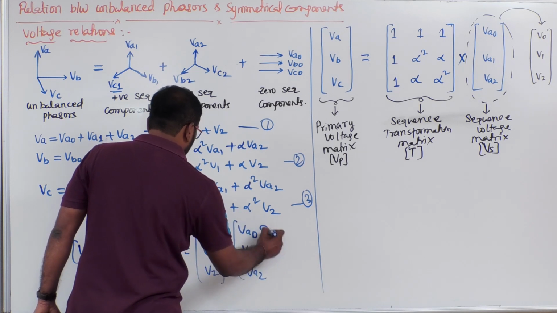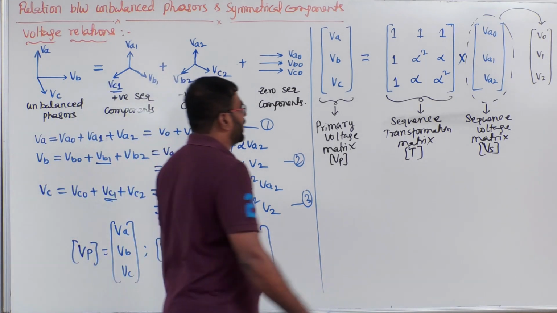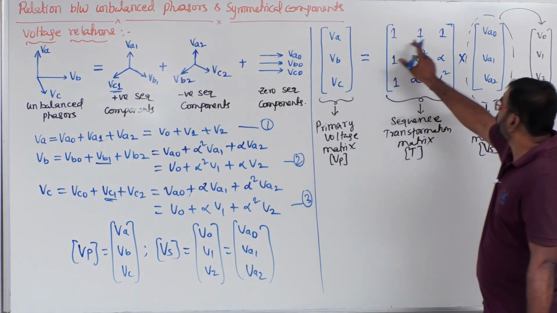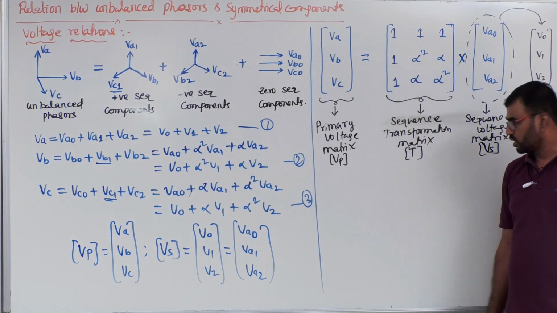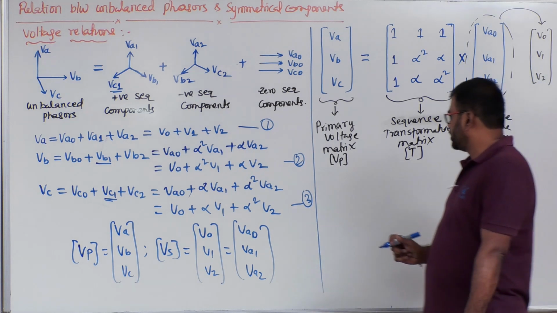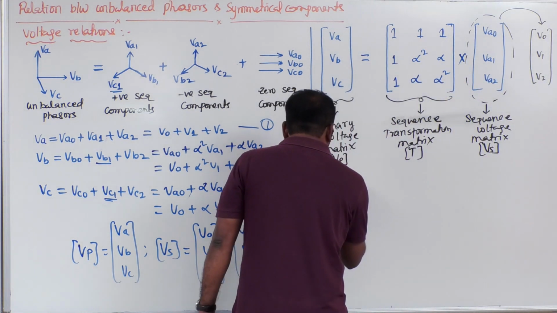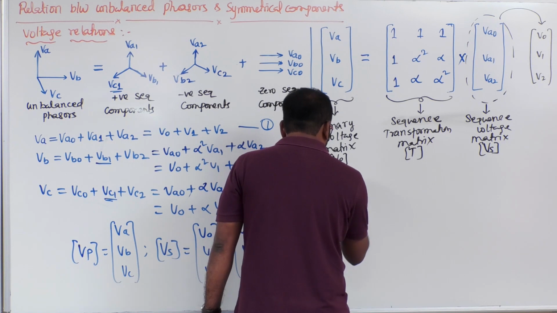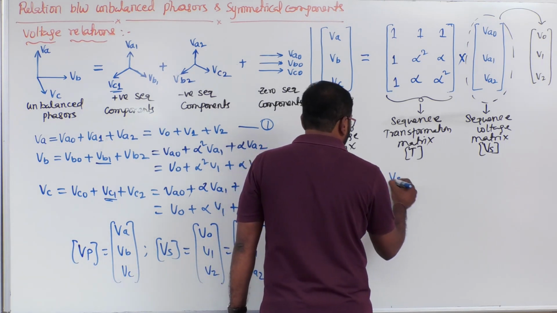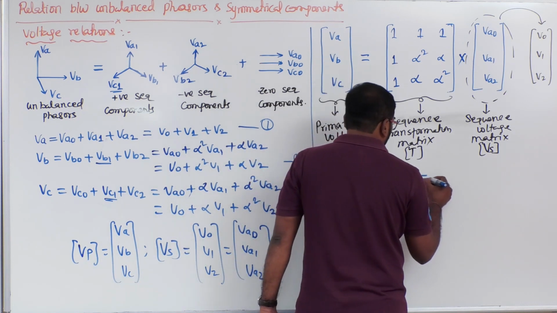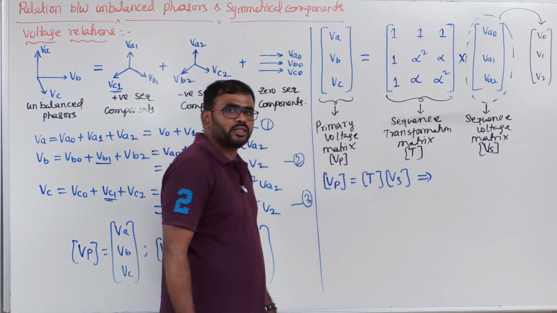Both are same. And what is the sequence transformation matrix T? That is 1, 1, 1; 1, alpha square, alpha; 1, alpha, alpha square. Clear? Now just have a look here. Simple form we can write like this: VP equal to T times Vs. Clear?